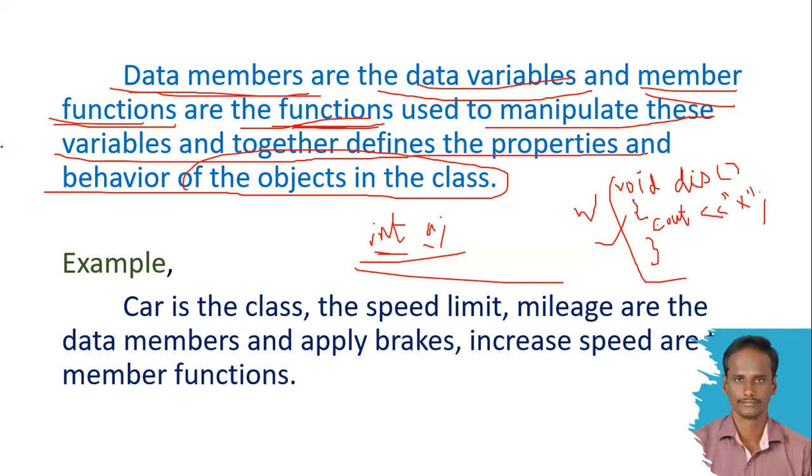Let us see how. Suppose we have created a class called car, as we discussed in the last class. Its properties are speed limit and mileage, so we can say these are the data members.